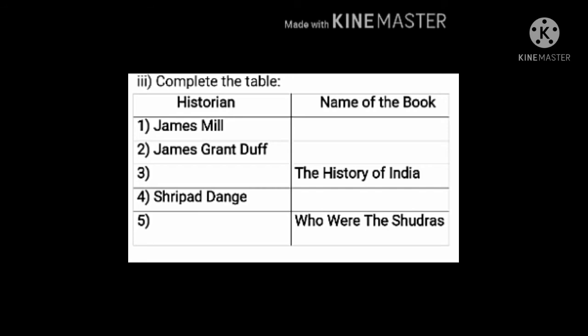So let's solve. The first one is James Mill. The book written by James Mill is The History of British India. So write down The History of British India. Second one is James Grant Duff. Again, the book written by James Grant Duff is A History of the Marathas.